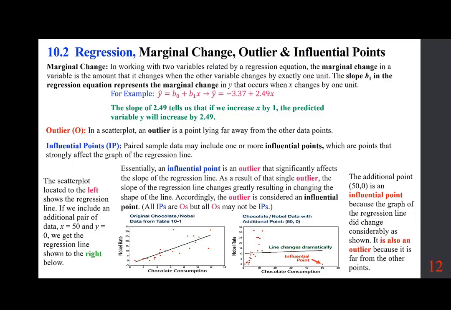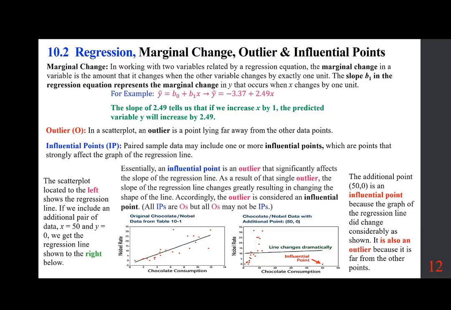How does it change the graph? It changes the slope. Now, every point you add does change the slope. If it's just changing the slope by a little bit, that makes sense and that's absolutely fine. But if it changes so much that you don't recognize the original line anymore, that is not only an outlier, it is also an influential point.